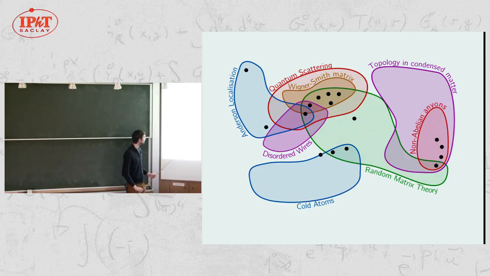The bubbles represent topics of physics in general, and the points here are my works, my publications. You can see that it's a bit messy, but I've covered quite a lot of different topics. And although it seems from a distance not really related, there are actually some lines that connect all of them. So let me explain this.